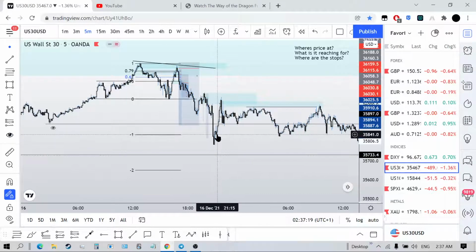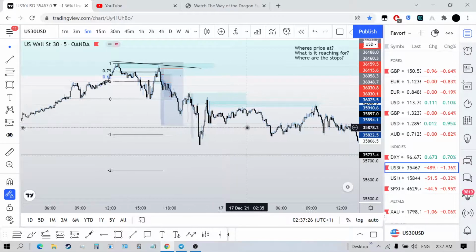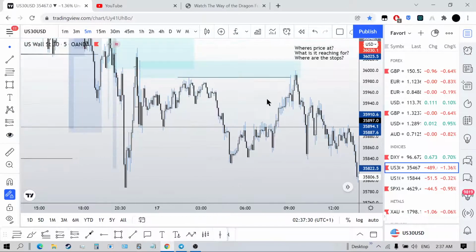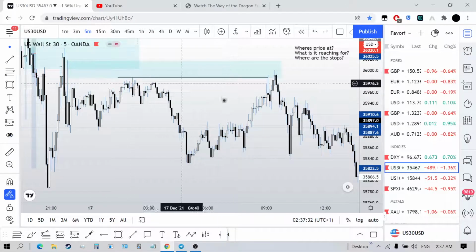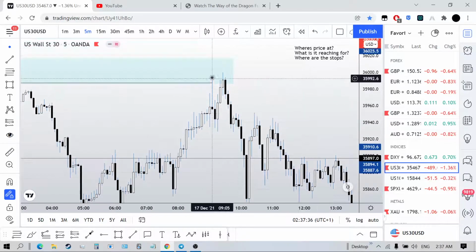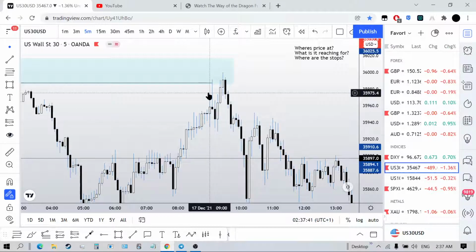Even though we completed this objective, it hasn't shown me any type of market shift, any shift in delivery. Make sure I'm still recording. So we came back in to take out this high, and then what did we do? We have this big rejection right here, creating this up candle.